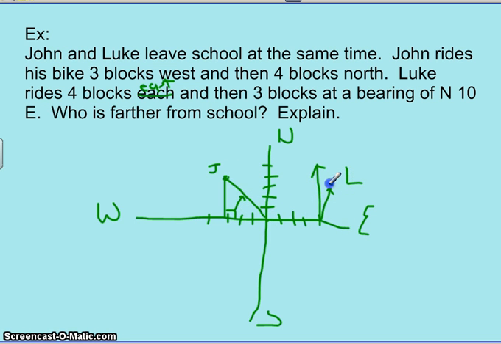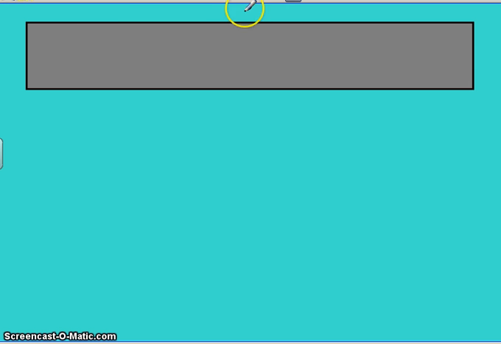For Luke's distance, when we draw in his distance here, well, it's 90 to go north, and we went another 10 degrees. So that looks like it's going to be maybe 110 degrees, which is larger than the 90 degrees. So it looks like Luke's distance is going to be greater than John's distance from the school. So let's move on.